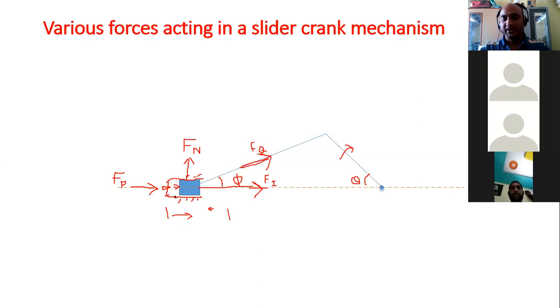In an IC engine, sometimes Fi opposes and sometimes Fi helps to reciprocate the parts. We'll see how. You must have understood these forces now: Fp, piston force; Fn, normal force; some part of Fp will go here, Fq, and Fi is equal and opposite to this Fp.